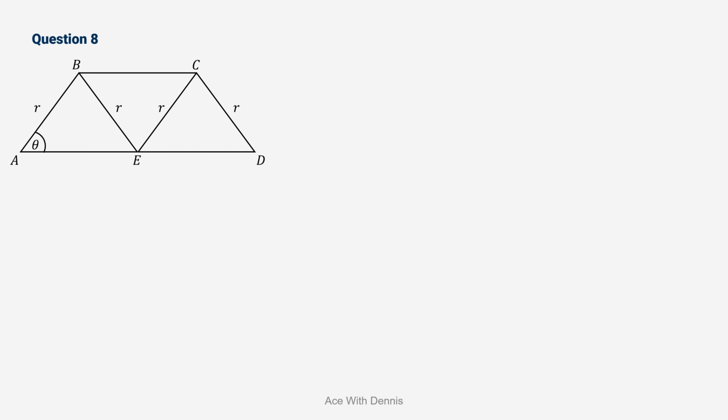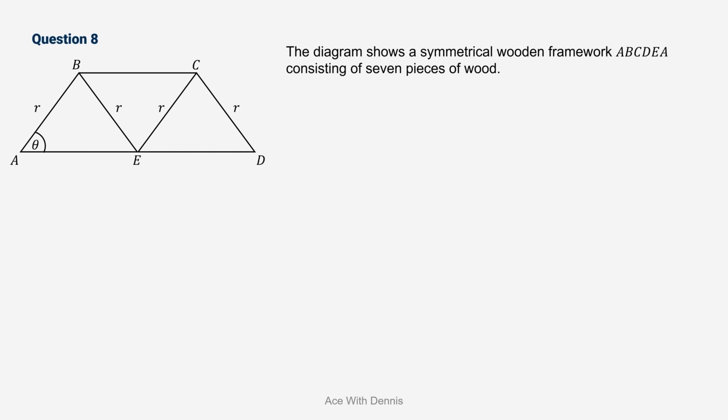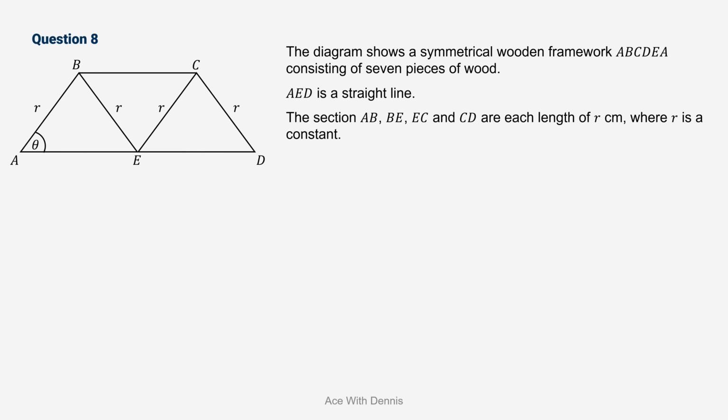Question 8. Given this diagram, the diagram shows a symmetrical wooden framework ABCDEA consisting of 7 pieces of wood. AED is a straight line. The sections AB, BE, EC, and CD are each of length r cm, where r is a constant.